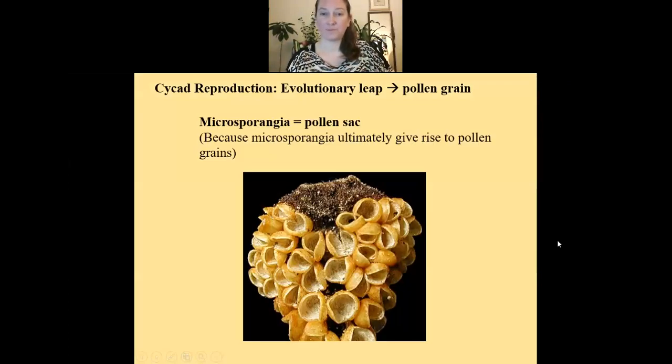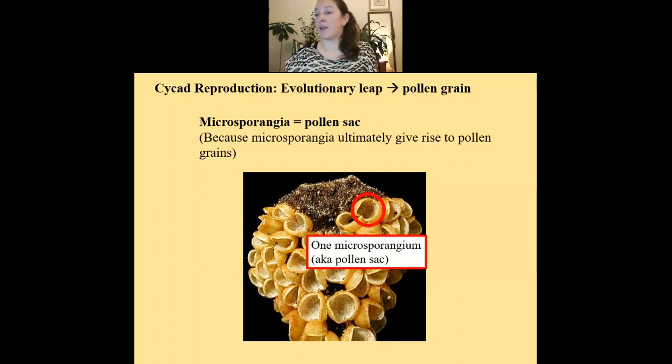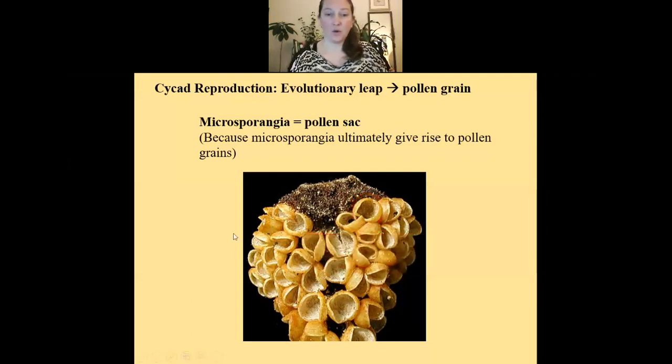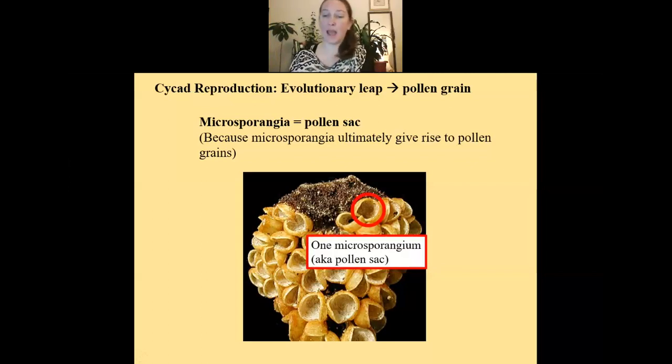So therefore, another word for the Microsporangia in the seed plants is pollen sac. So this whole structure here is one leaf of a male strobilus, and each of these little Pac-Man dudes on it are each a microsporangium, aka pollen sac, because now they're releasing pollen grains.